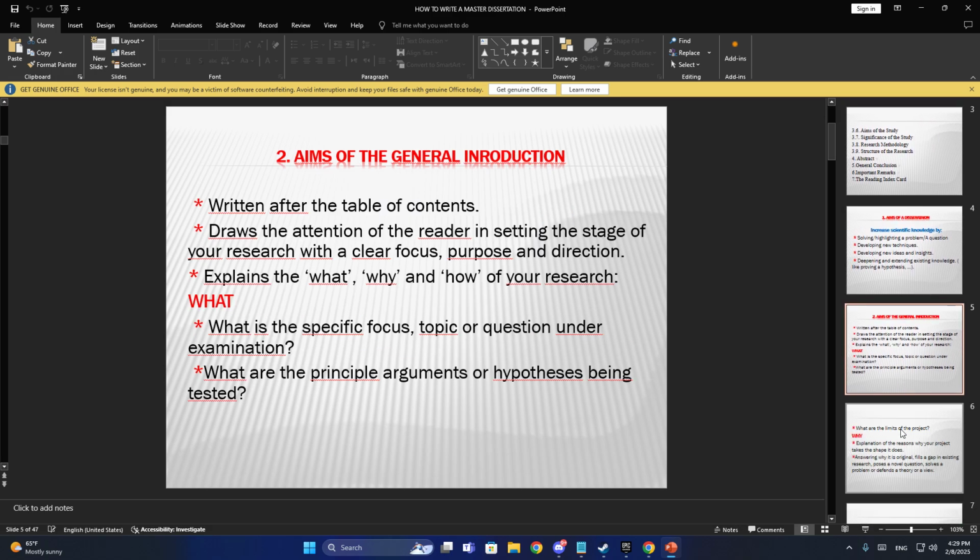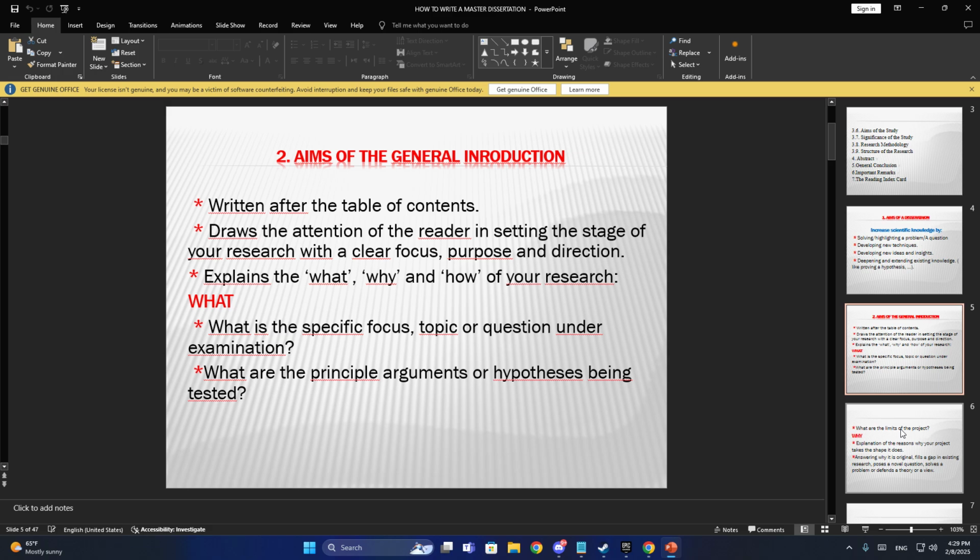Now, what is the aim of the general introduction? You have to know that the general introduction is like an entry to your dissertation, if I do not say it is a summary of the direction of your dissertation.